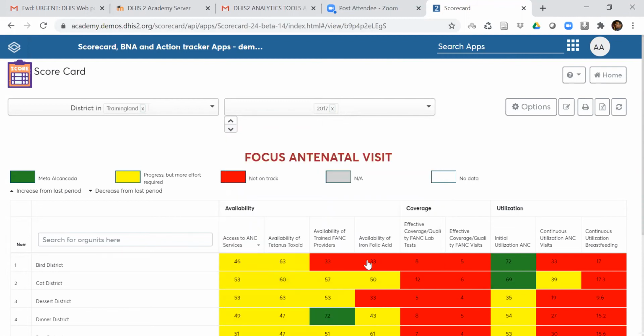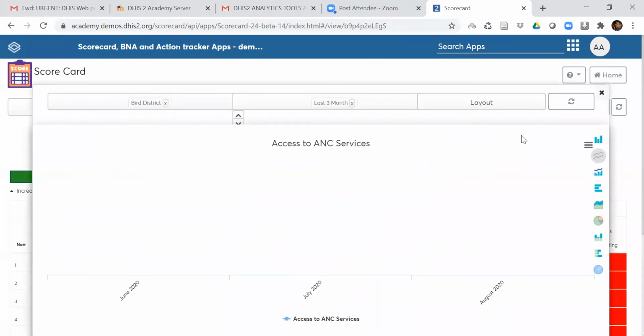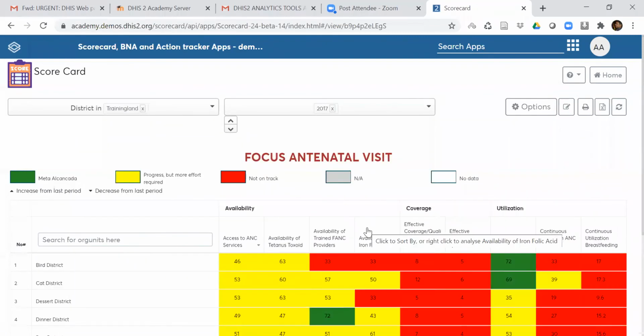Just by right clicking on any cell, you can do this trend analysis, but it is a relative period analysis. So you cannot see any data by selecting 3 months because we don't have data in this instance for year 2020. So it will be blank like this. Okay, I think I answered your question.